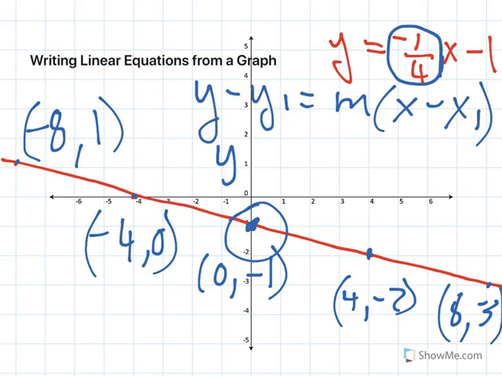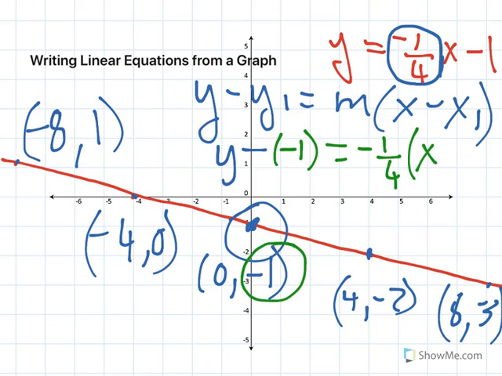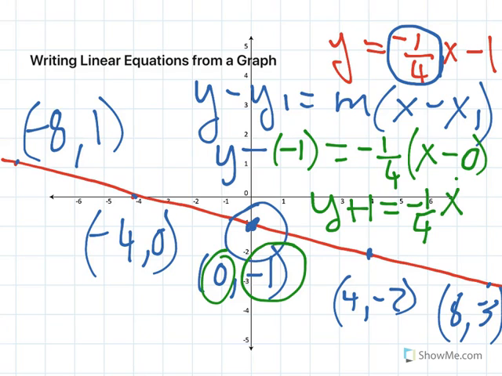So you could say y minus y1, there's y1, so y minus negative 1 equals the slope, which is negative 1/4, times x minus x1, which is 0. If you simplified that, you'd get y plus 1 is equal to negative 1/4 x, because when you distribute the negative 1/4 times 0 there, it's just 0.